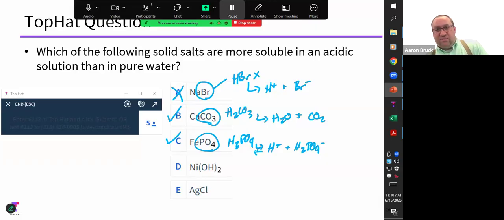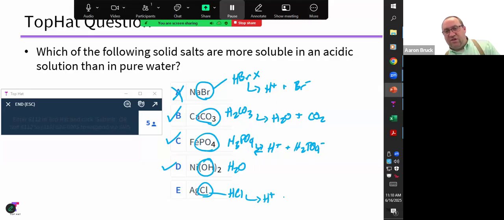So let's be a little bit more accurate with that. It's going to go both ways. Here I have an example of a hydroxide. Hydroxide's just going to make water, so that's good. Silver chloride is going to make hydrochloric acid. That's going to break back down into hydrogen and chloride. So that's not going to work either.